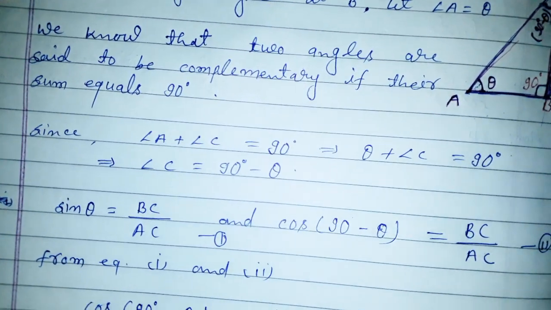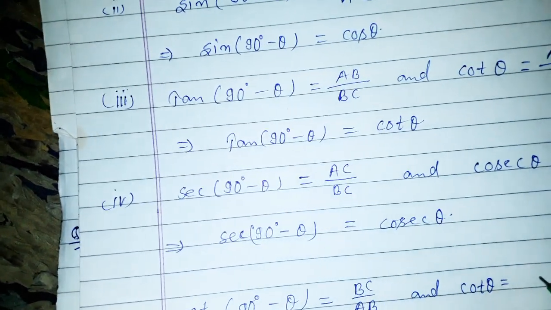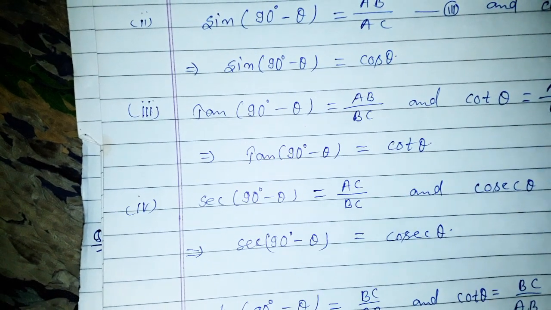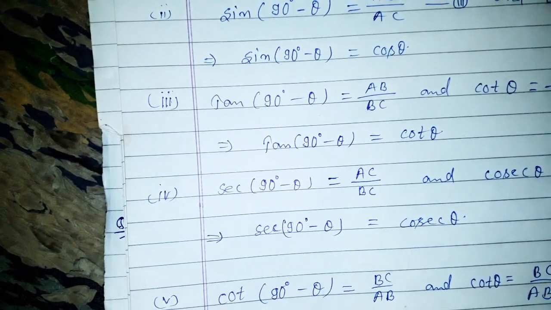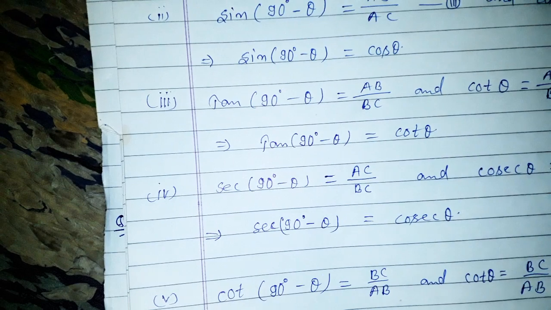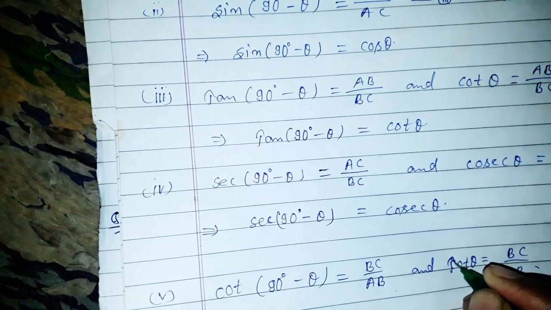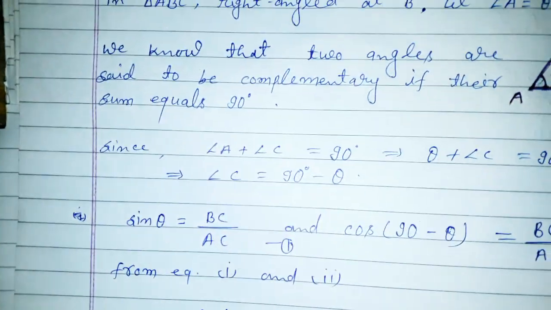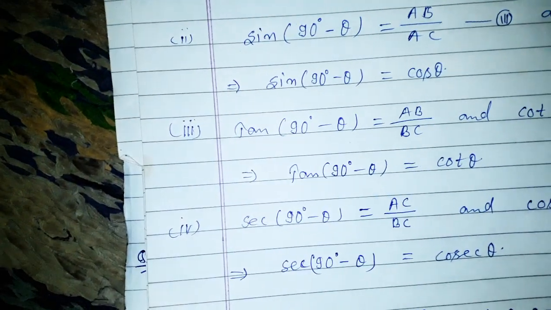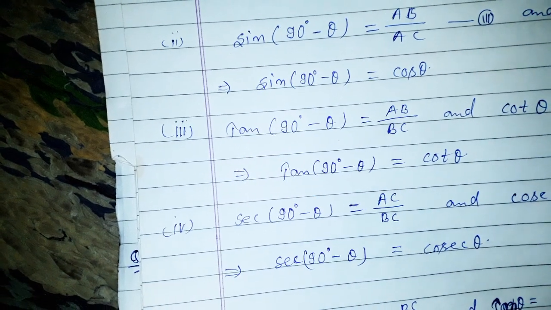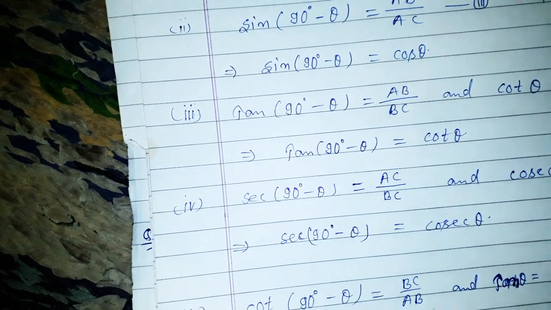So cot 90 minus theta is BC upon AB. Sorry, this is tan theta, because BC is the opposite side and this is the adjacent side. So cot 90 minus theta is tan theta.